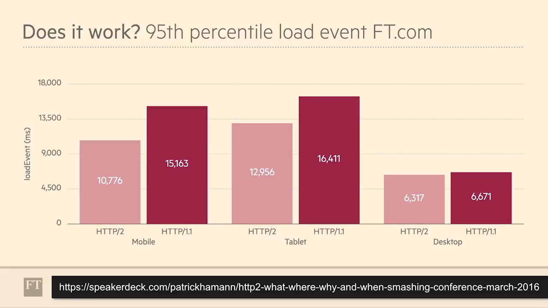I did have a slightly different FT slide in here before, but what we can see is the load time in the real world for the FT. The FT were just delivering their images over HTTP2 and the base site over HTTP1. I don't know whether they still are. I suspect they've moved on from that slightly.